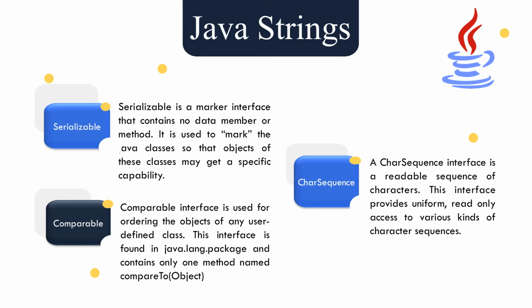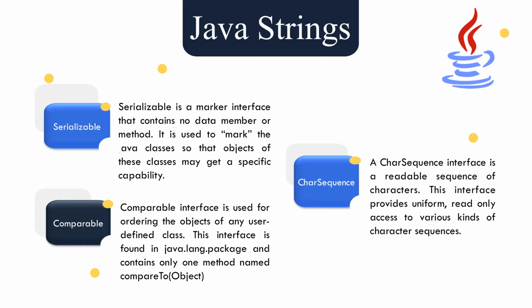Now Comparable is basically that if you have a string and you want to order the data in the string, you want to sort and compare, you have some methods available with the help of which we can very easily do that. For example, a method called compareTo can compare one string with another string, whether they are equal or not.